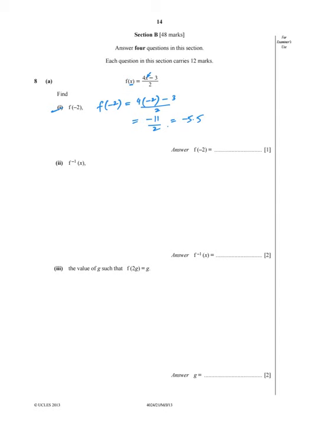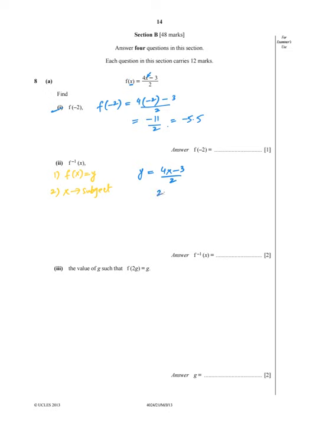For the next part, it says find f inverse of x. So we have some steps for f inverse of x. The first step is you need to replace f of x with y. If I apply the same step here, instead of f of x, I will say y equals 4x minus 3, divided by 2. The second step is you need to make x the subject of your equation.